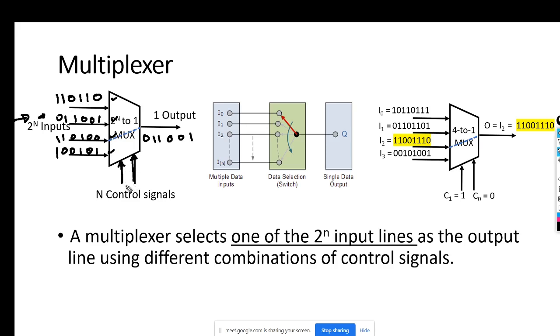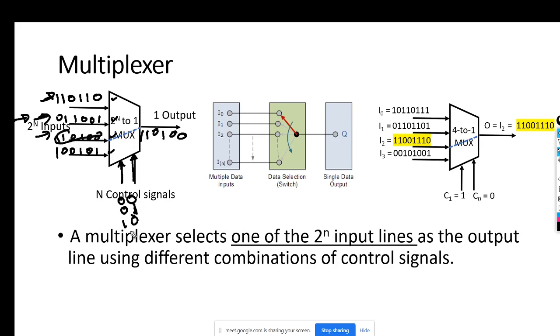The controls also have 0 and 1 values for different control signals. For example, when both control signals are 0, the output will be this one. When this one is 0 and this one is 1, the output will be whatever the input is here. When it is 1 0, the output is going to be 0 0 1 0 1 1, so that means this one.